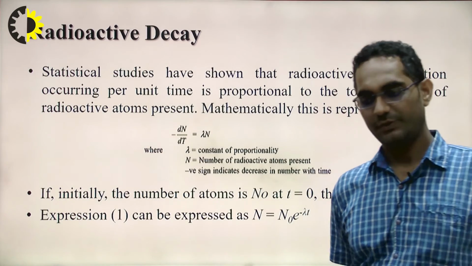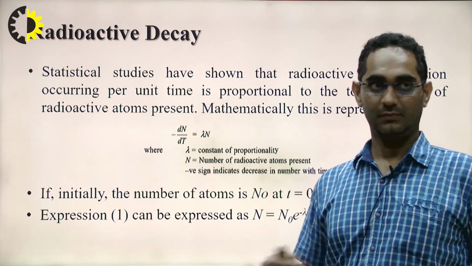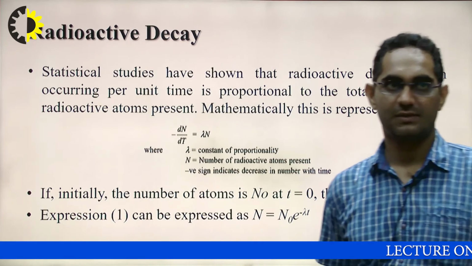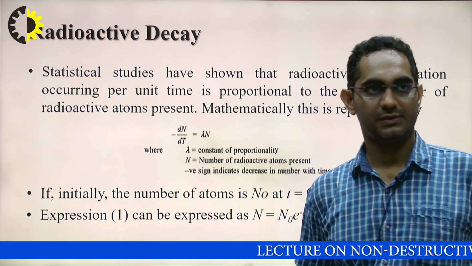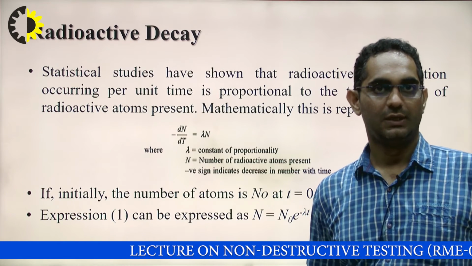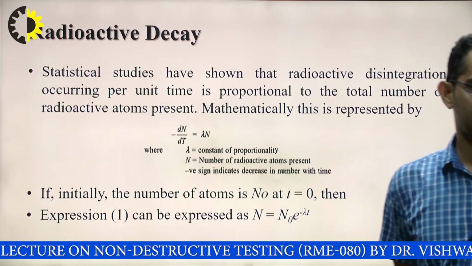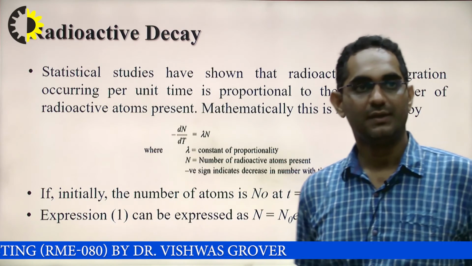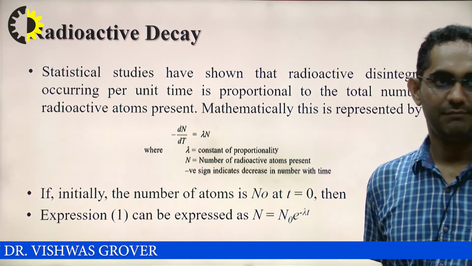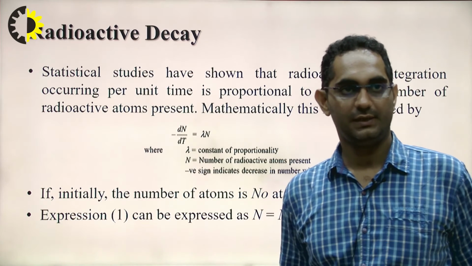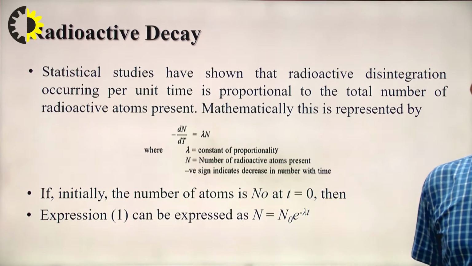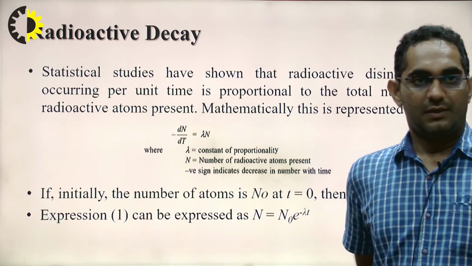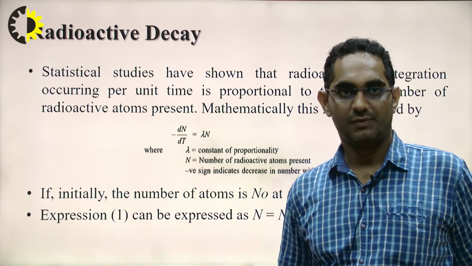Then next is radioactive decay, meaning that after some time radioactive atoms decay out. Statistical studies have shown that radioactive disintegration occurring per unit time is proportional to the number of radioactive atoms present, and mathematically this is represented by minus dN by dt equal to lambda N, where lambda is the constant of proportionality, N is the number of radioactive atoms present, and the negative sign indicates decrease in number with time.